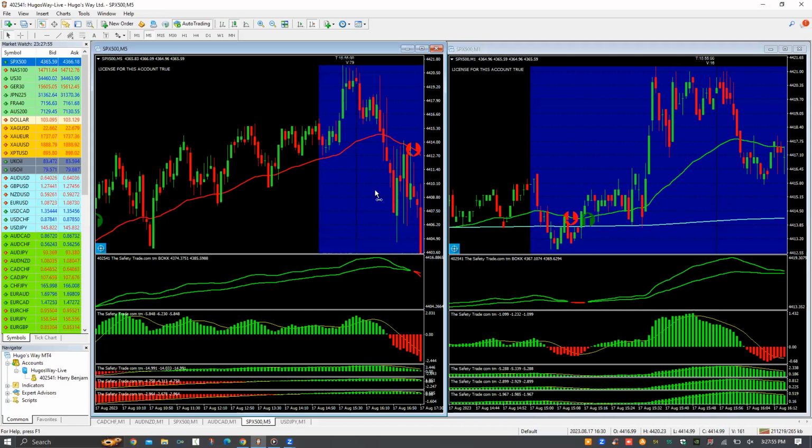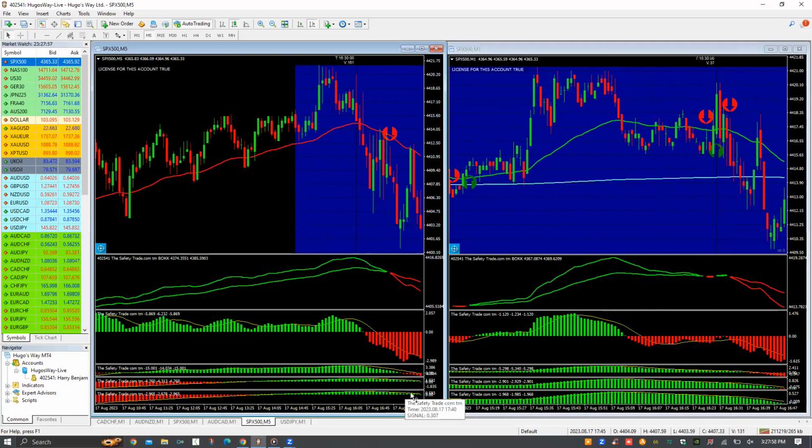Now, the third thing we're going to look for is that these 5 rows at the bottom, 1, 2, 3, 4, 5, at the edge of the screen here, need to all be the same color as the red down arrow. Are all of these the same color? Yes. What color is this one at the bottom?